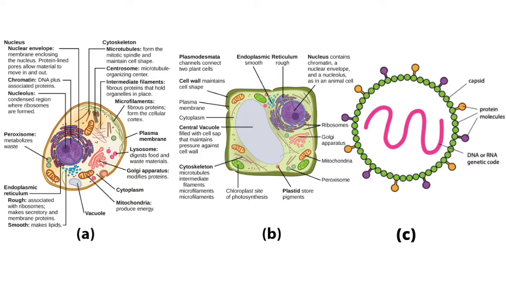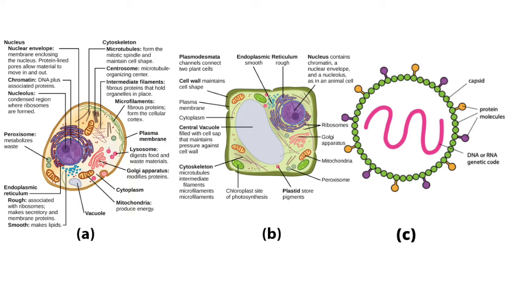As for the plant cell, there is the plasmodesmata, which is a channel that connects two plant cells. They have the cell wall, which is the most important difference between animal and plant cell.